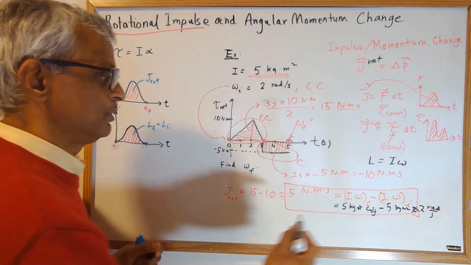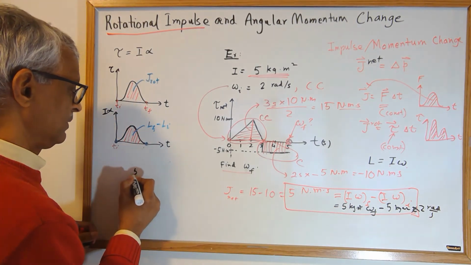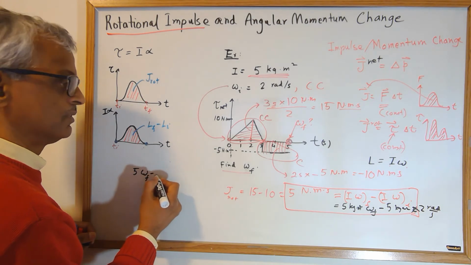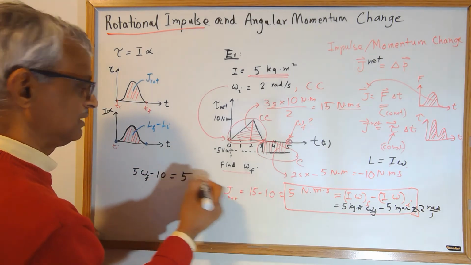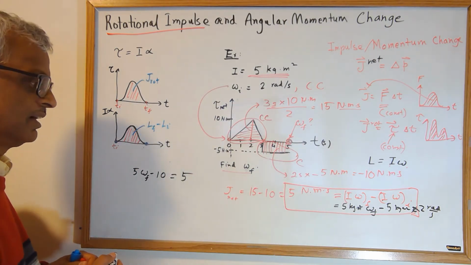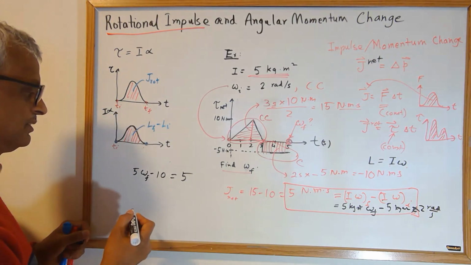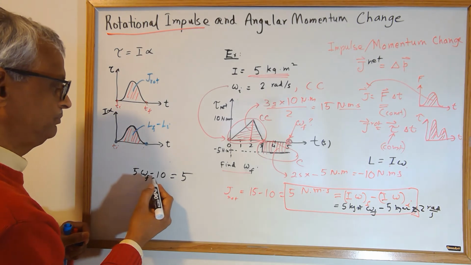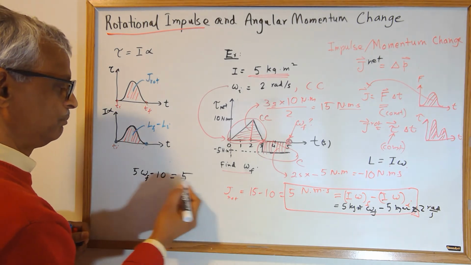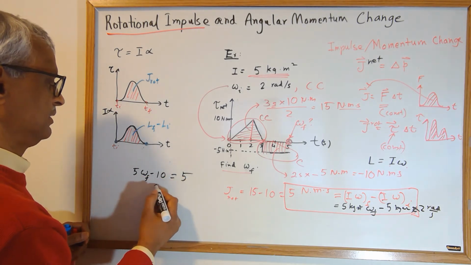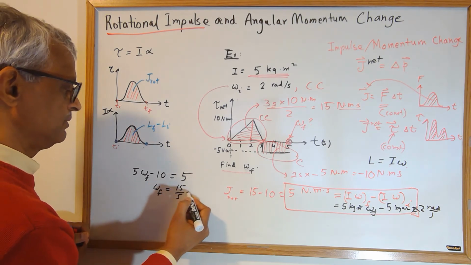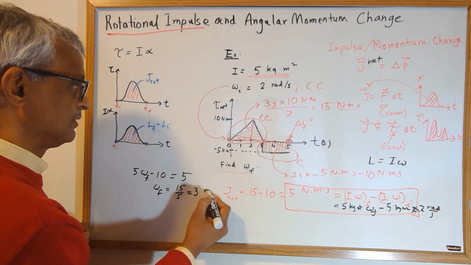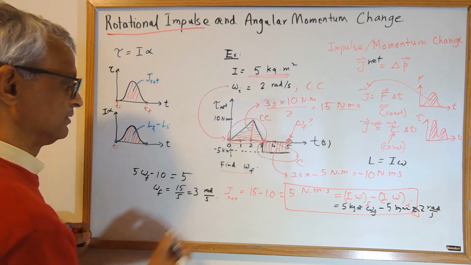So this equation will be 5 omega f minus 10 is equal to 5. So I'm going to just drop all the units. Writing all this extra stuff is unnecessary. So then on that side, omega f is 15 over 5, which is 3 radian per second.